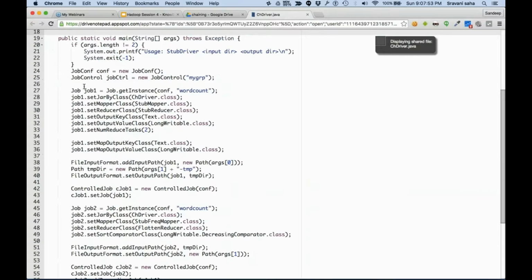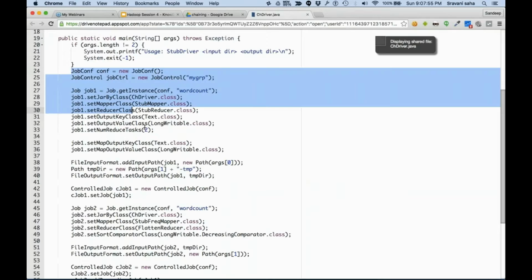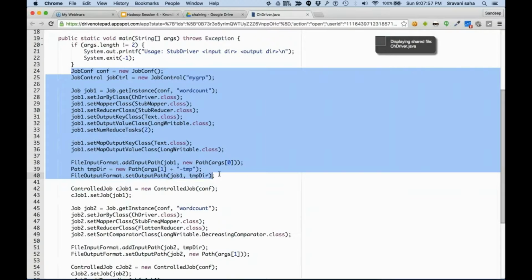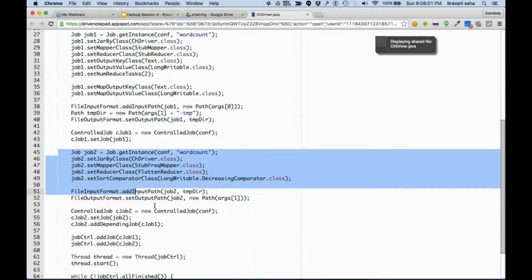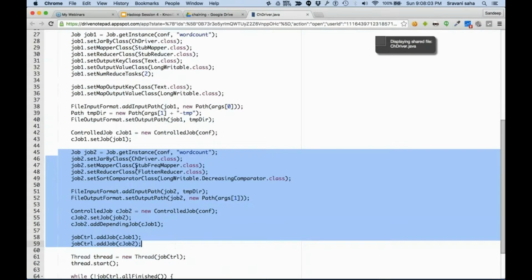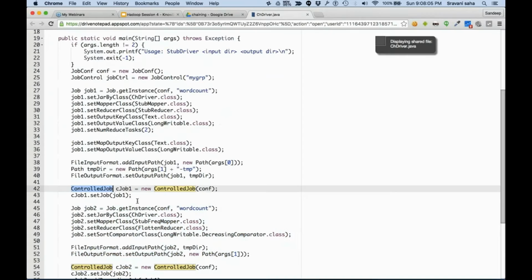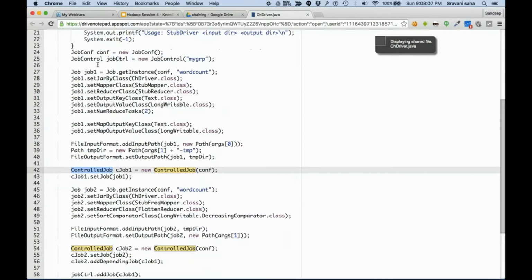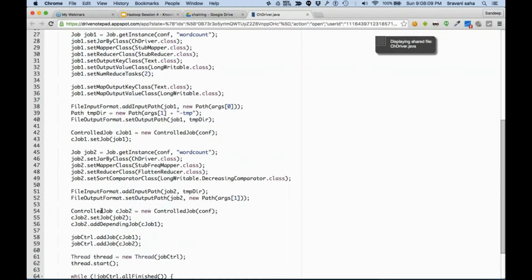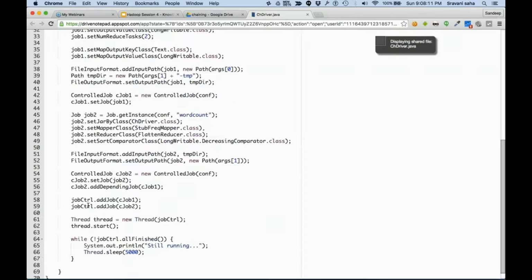Here, first of all, you proceed with the usual format, creating the first job object and the second job object. Then you create a wrapper called ControlledJob on job 1, and another ControlledJob on job 2.